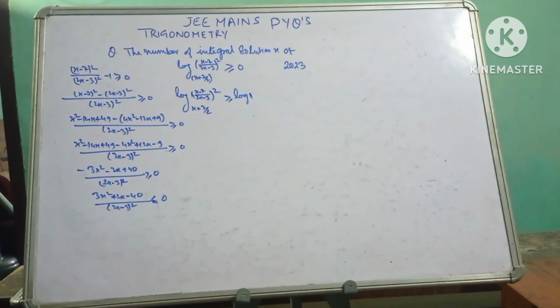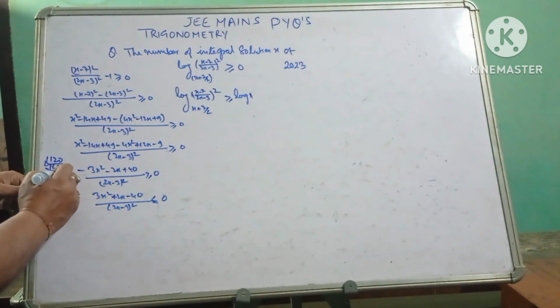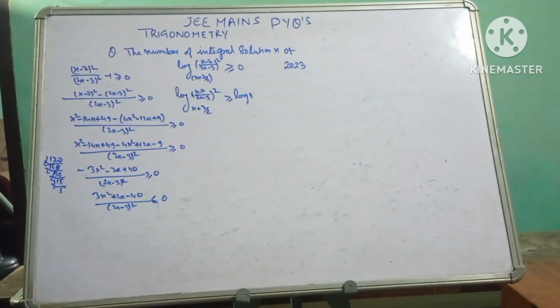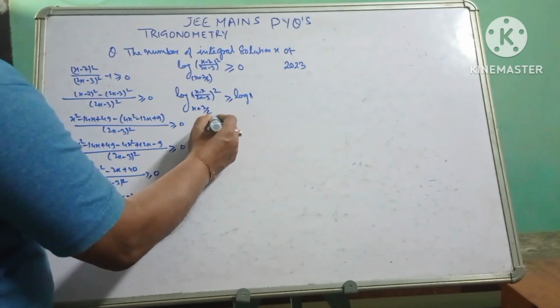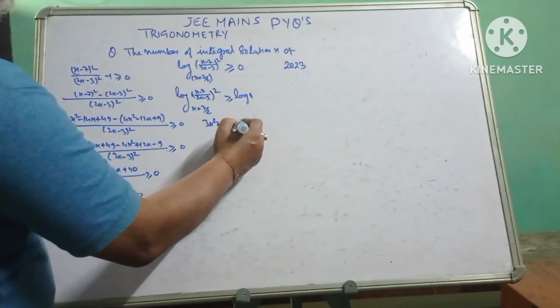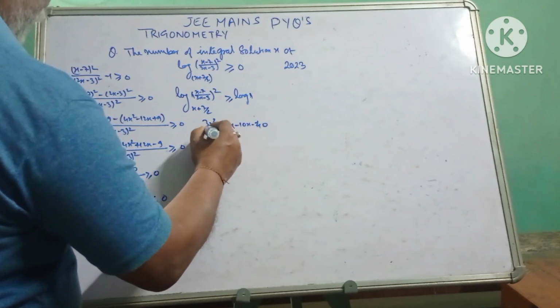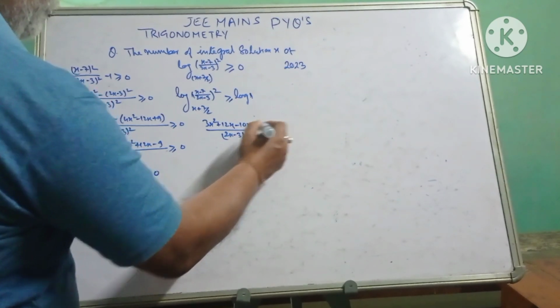Now splitting the middle term, 3 into 40 is 120. So here you get 12 and 10, 5 2s are 10 and 4 3s are 12. So here you are going to get 3x square plus 12x minus 10x minus 40 over (2x minus 3) the whole square less than or equal to 0.